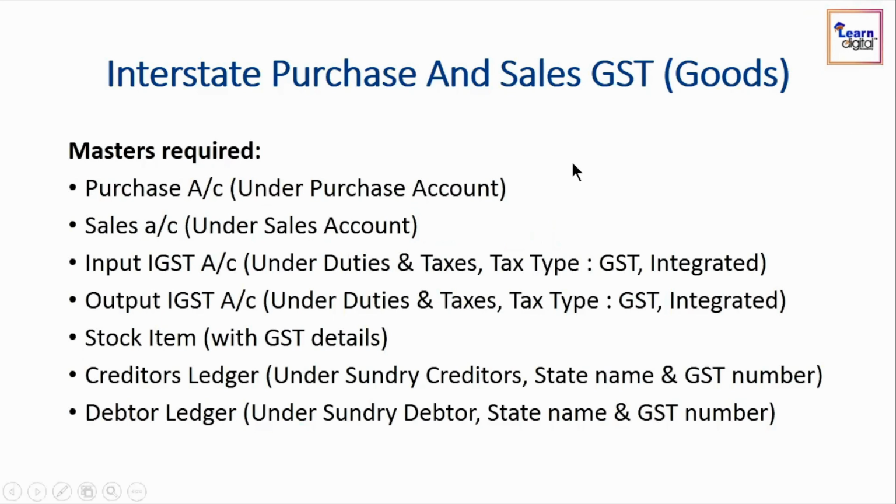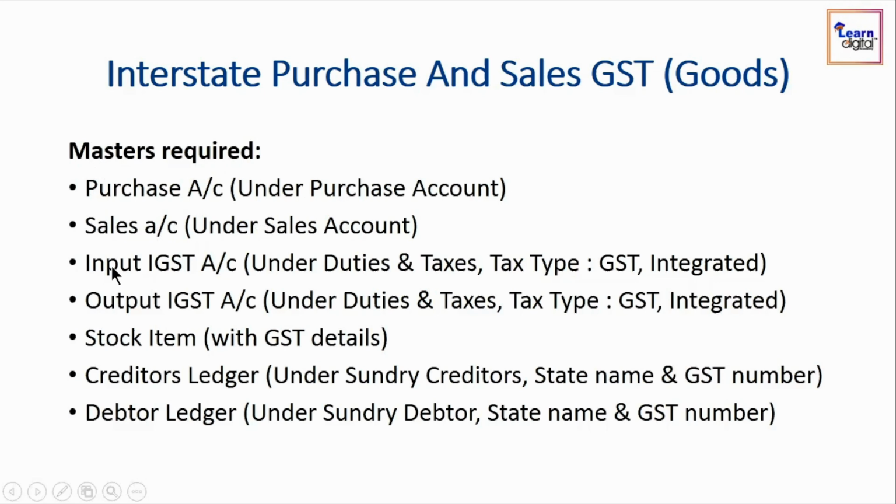So here we will learn how to enter the transaction of goods sale between two states. Just like earlier, we need different vouchers and masters, like a purchase account under purchase accounts and a sales ledger under sales accounts. These two we already have. Then we need to create GST tax ledgers.